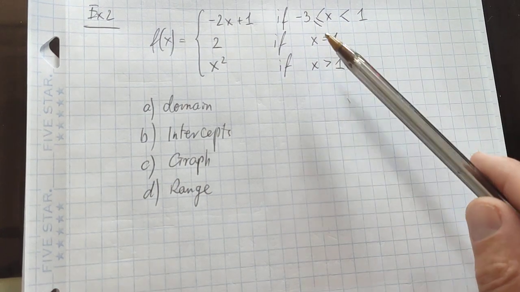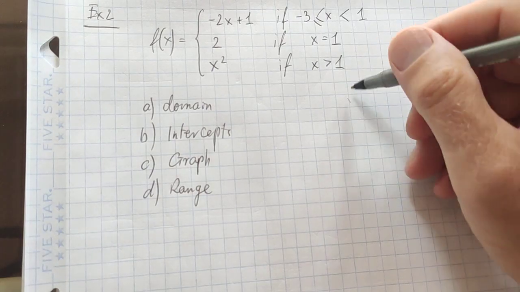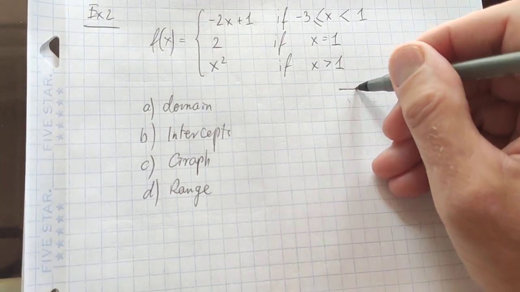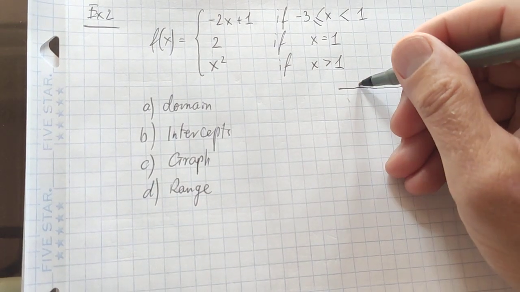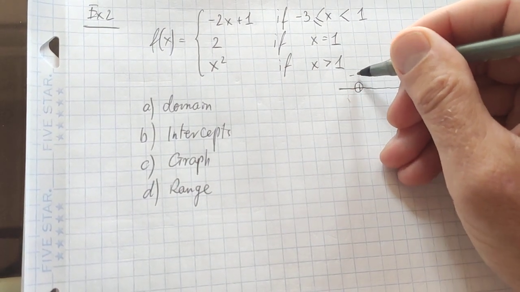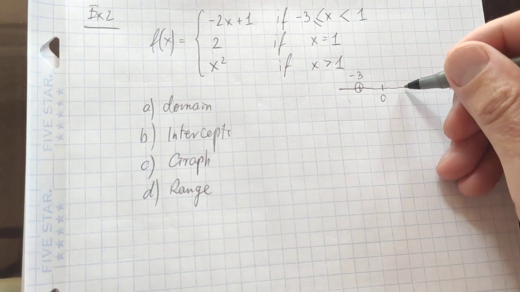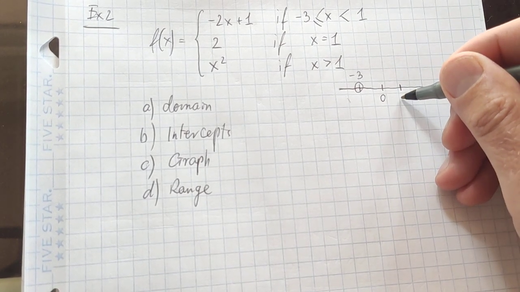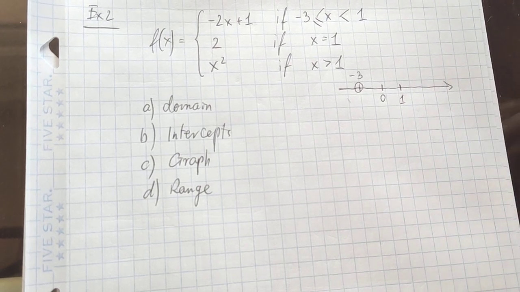If I had a number line, the function starts here, negative 3, then we have some 0, 0 is not really a point of interest here, then I have 1, and then the function keeps going to the right.